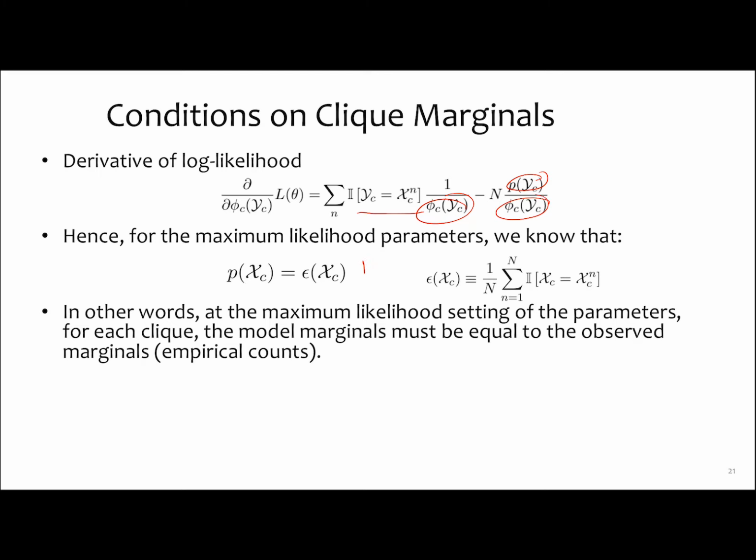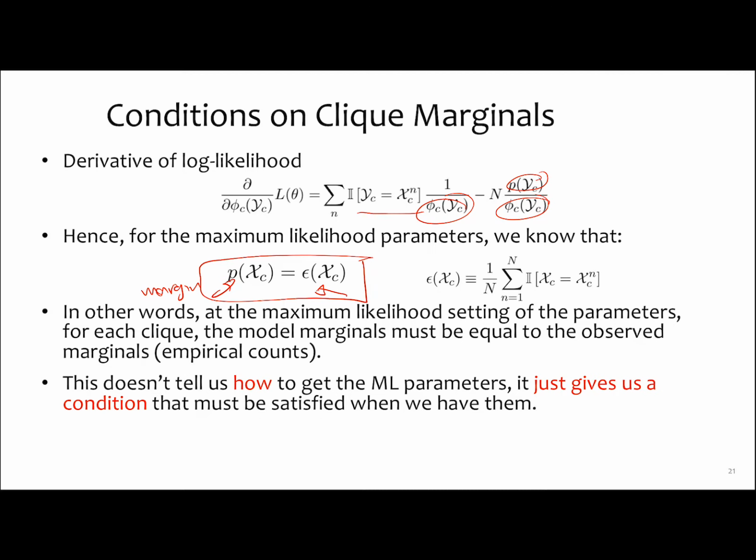If I set it to 0, this is the condition. The empirical distribution should match the marginals. The problem here is that it just gives you a condition. At the optimal, you should have this condition. It doesn't tell you how to do this optimization. It just tells you how the behavior should be at the optimal.